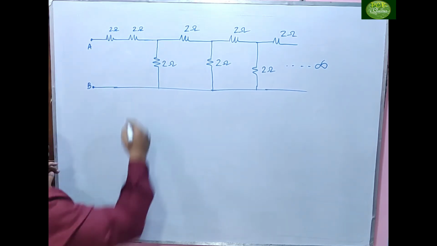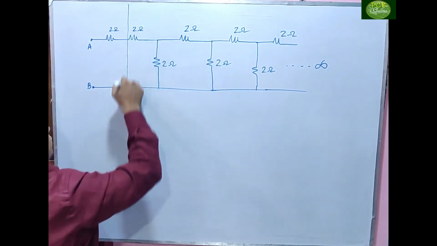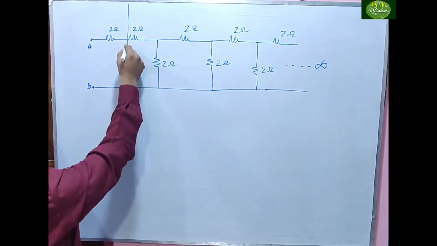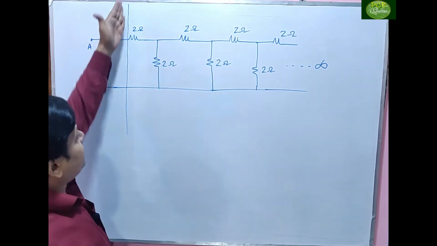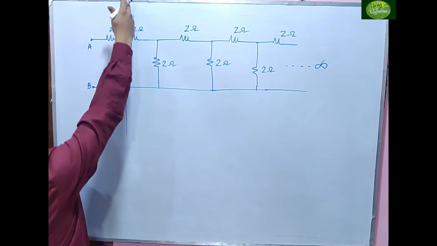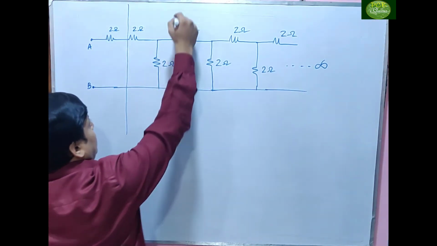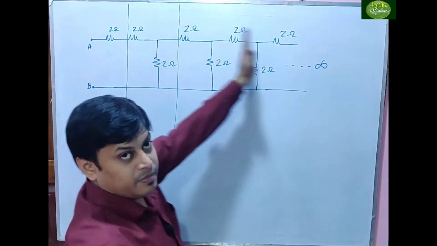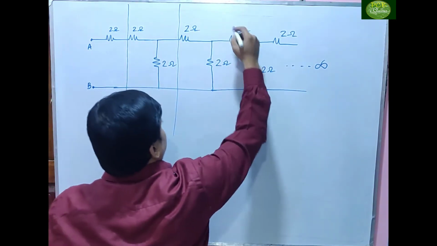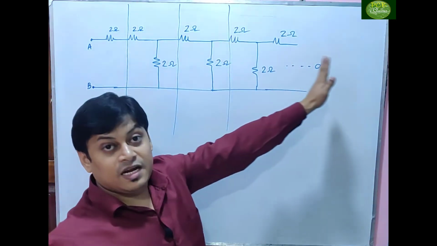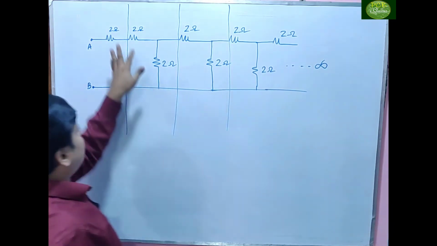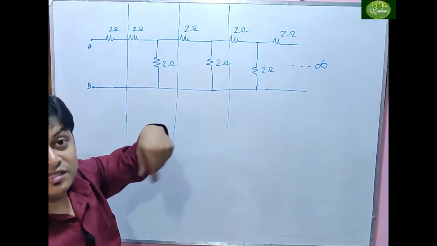Now see here, if I look from this side, if I look from this line, the circuit is the same. If I look from here, the circuit is the same. If I look from here, the circuit will be the same, because it continues till infinite. Everywhere 2 and 2 are there. Just now we have done it.